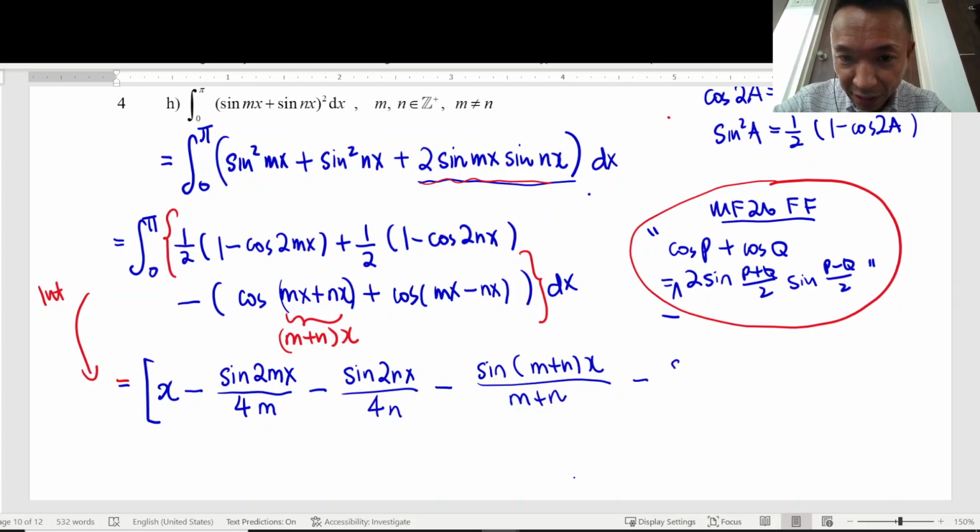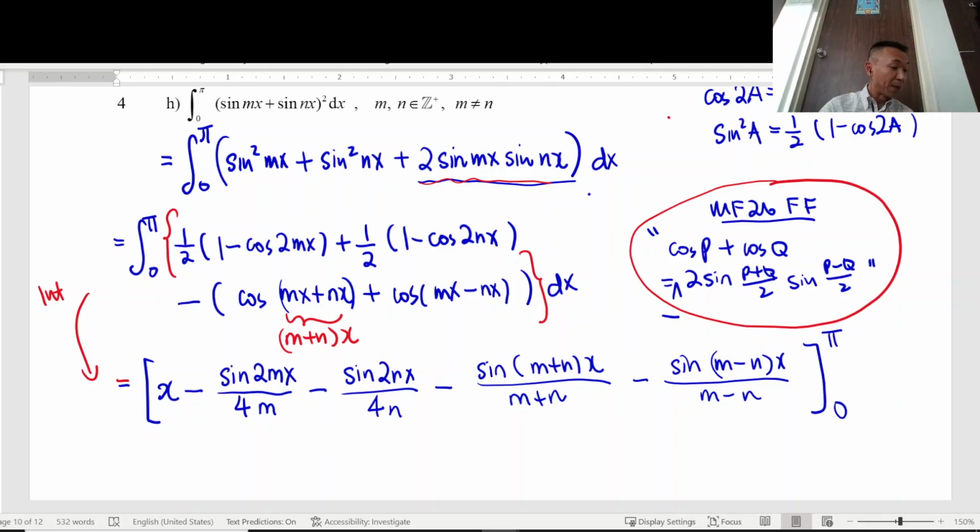Similarly, I have a sine m minus n x divided by m minus n. You may think that's very complicated. Sure, if you stop here, I won't blame you. Why? Because you don't know how to do.